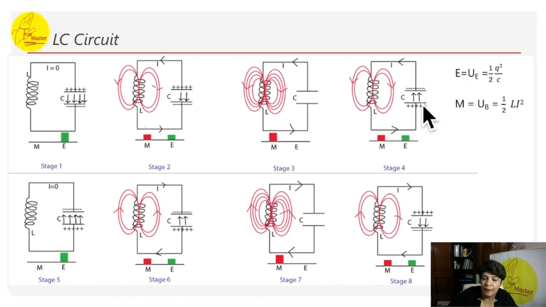The capacitor is being charged in the opposite direction. The magnetic energy of the inductor is changing into electrostatic energy of the capacitor. So some of the magnetic energy is being changed into the energy of the capacitor. So here electrical energy between these two plates is being stored. The formulas for M and E are written here.